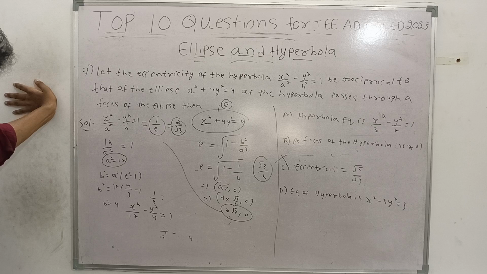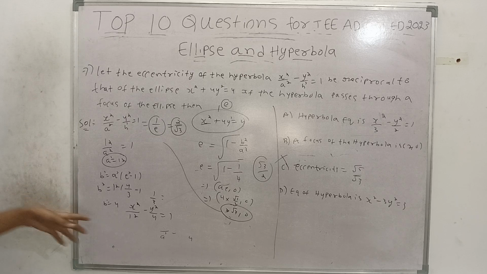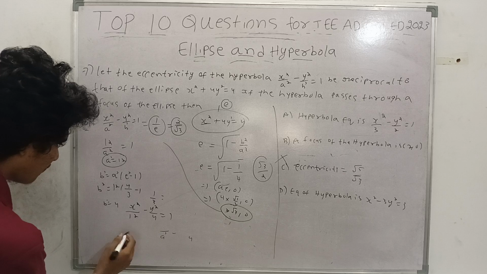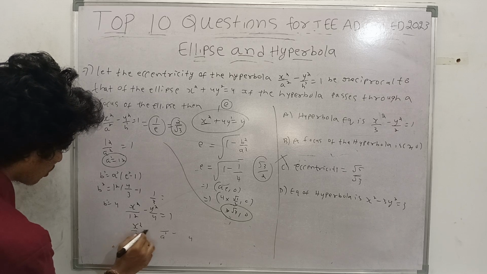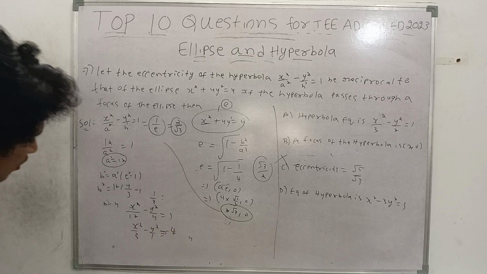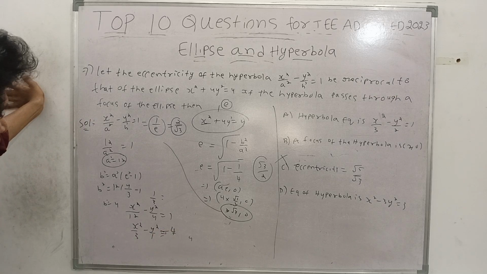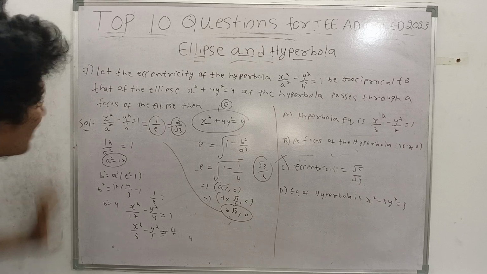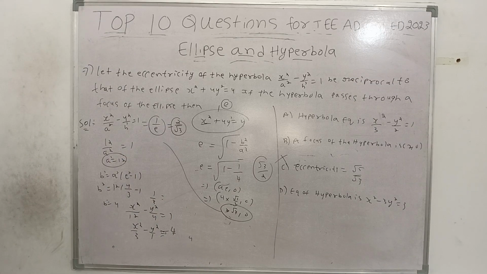Where did we go wrong? Yes, everything is correct. Why does no option match, A or D? Suppose we take common 4 also, it will be equal to 4. I think option A and option D are both wrong. Wait, I will check.